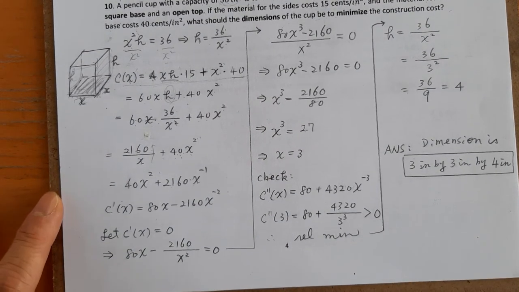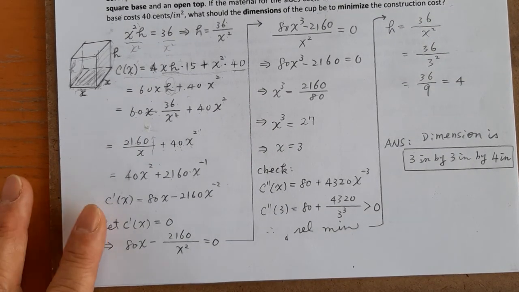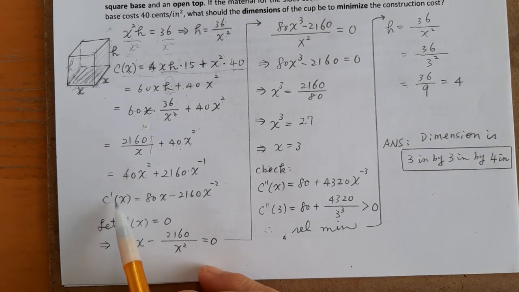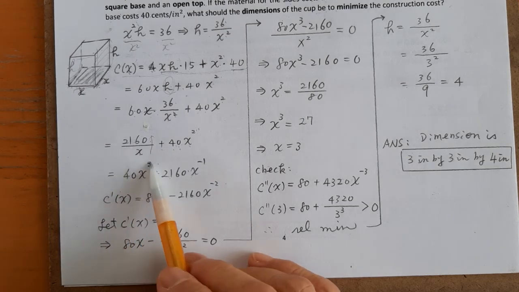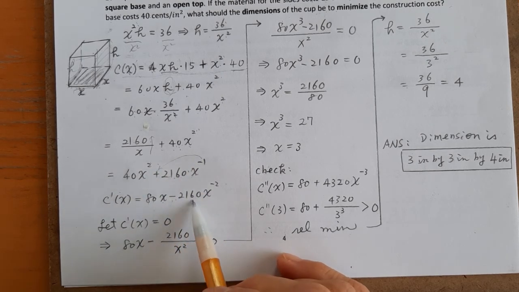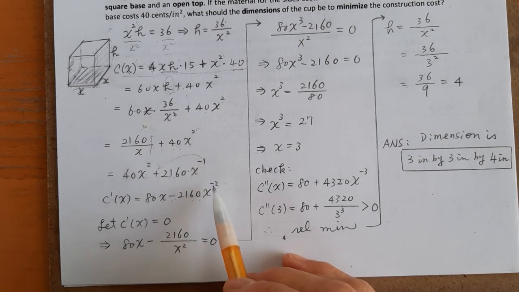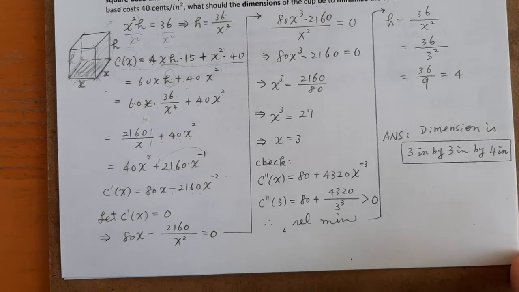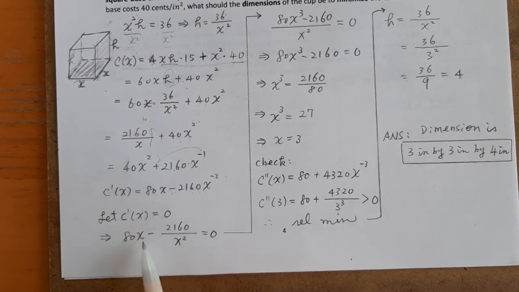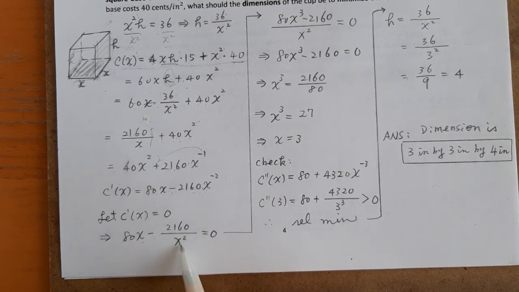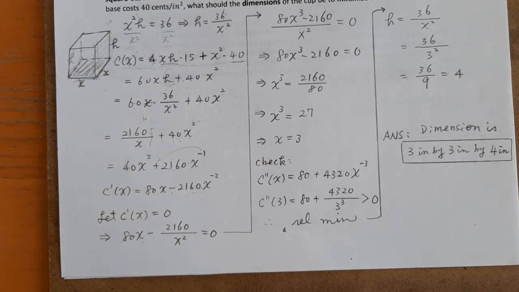And we want to figure out what x makes this cost minimum. So we take the first derivative. C prime of x equals 40 times 2 is 80x minus 2160, because negative times positive is negative, x to the power negative 1 minus 1 is negative 2. And make this first derivative equal 0, which is 80x minus 2160 x to the negative 2, equals 0.